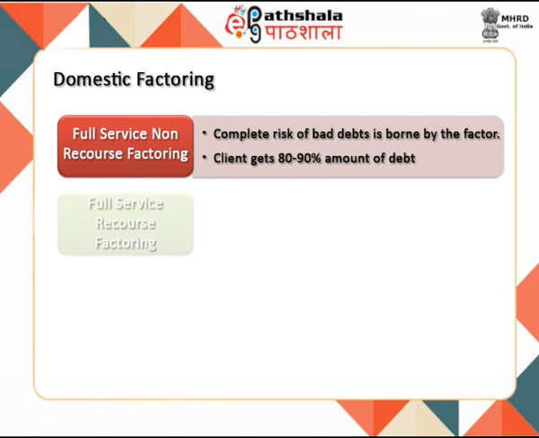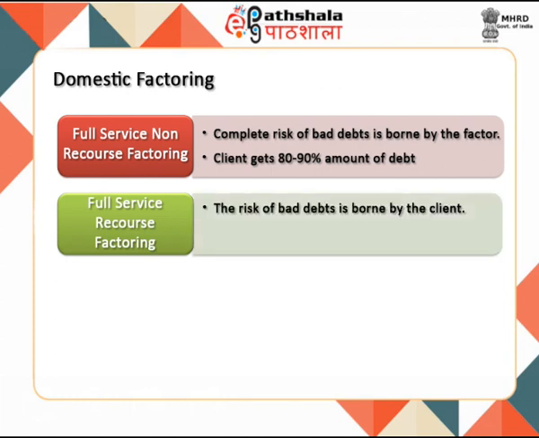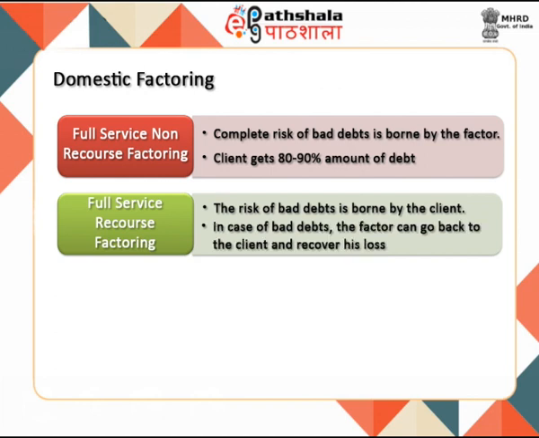In case of full service recourse, the factor provides only debt financing and no protection against any risk. That is, the risk of bad debts is borne by the client. In case of bad debts, the factor can go back to the client and recover his loss.